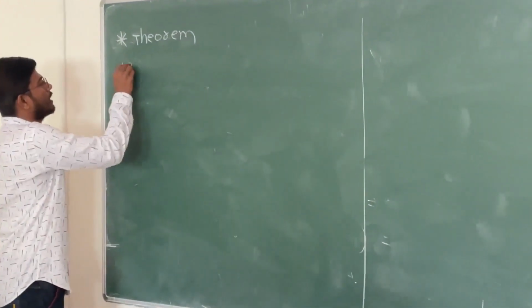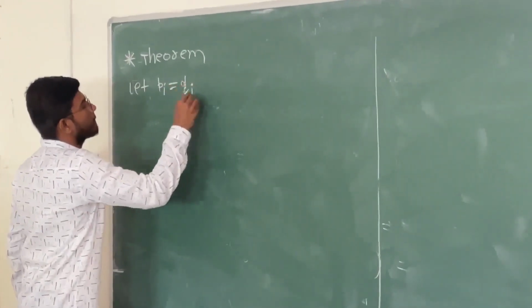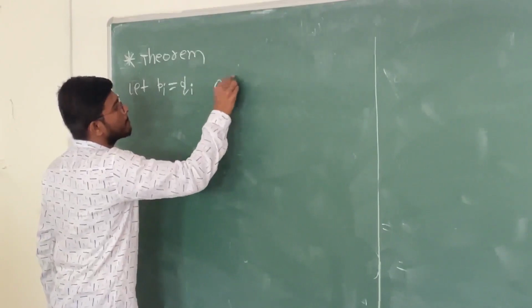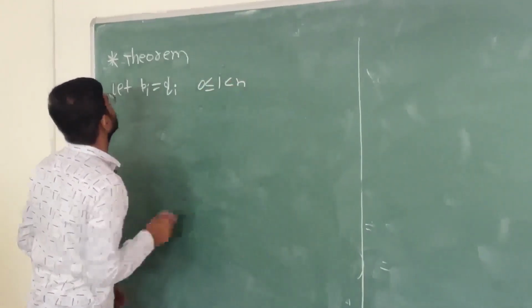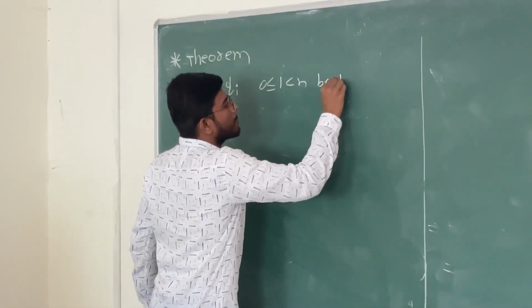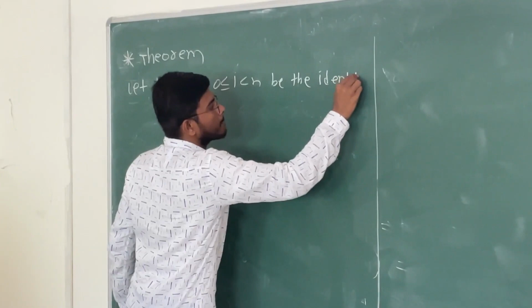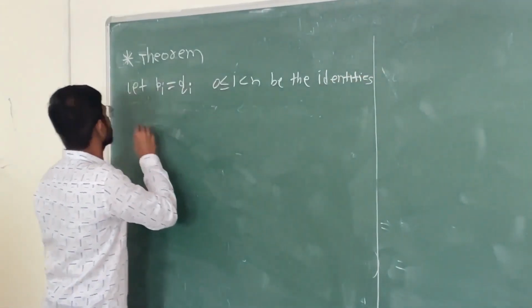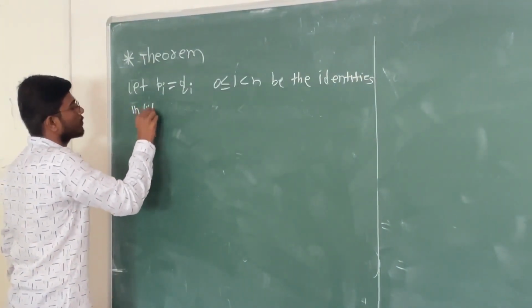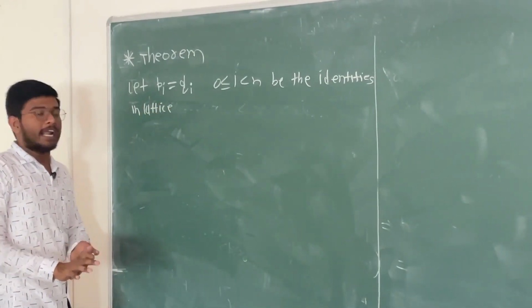Let there be identities in the lattice. For this, there exists only a single identity.